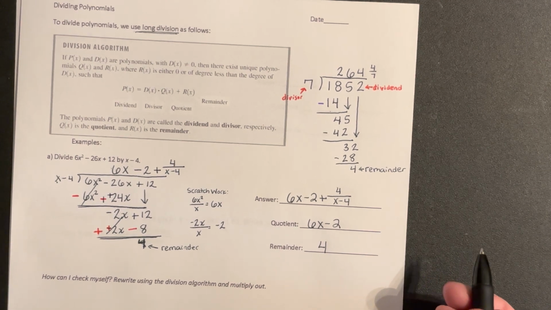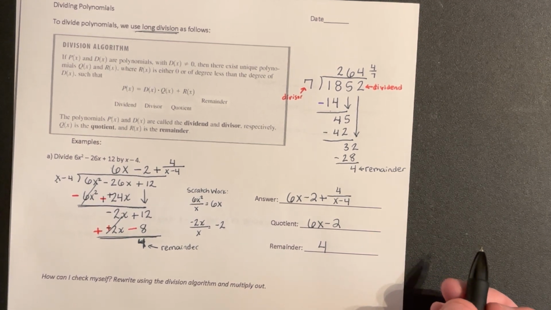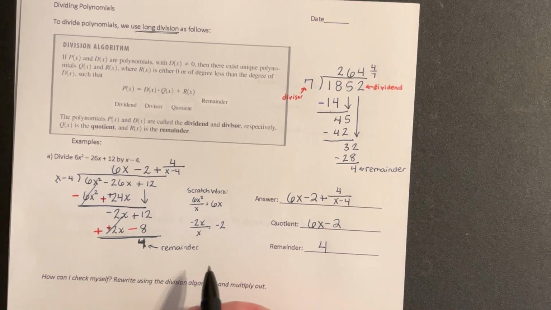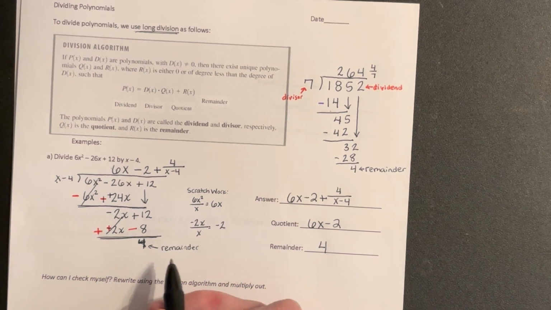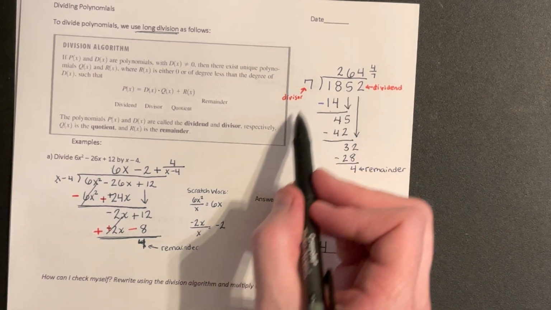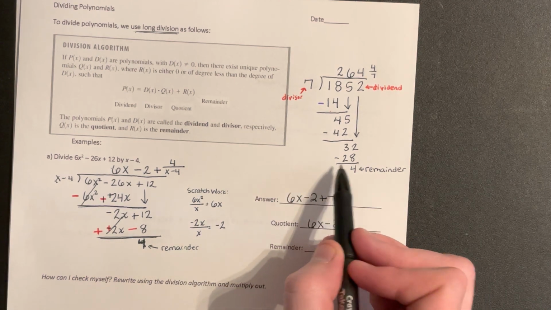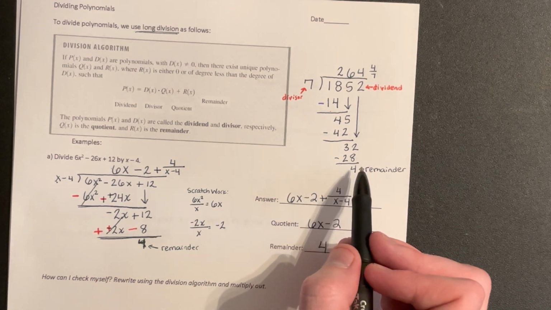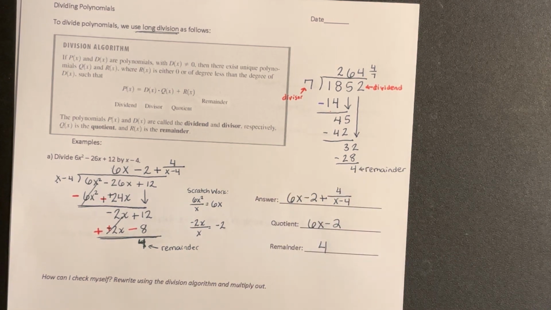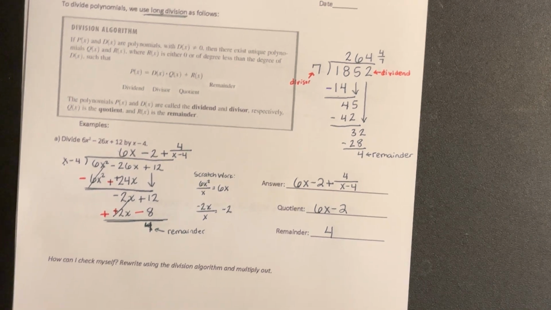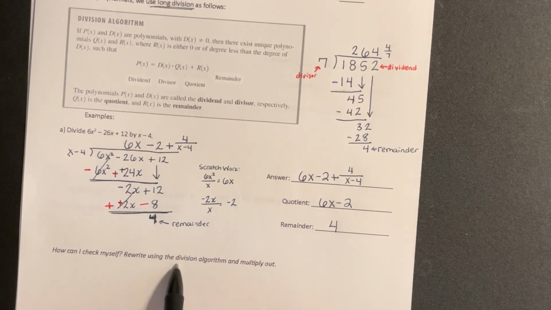Okay, so this is going to look weird the first couple of times that you do it. You may be completely lost at this point already, but hopefully you're seeing some similarities between this and the old school long division algorithm. So how do we check ourselves? Well, we can rewrite this using the division algorithm and multiply it out.